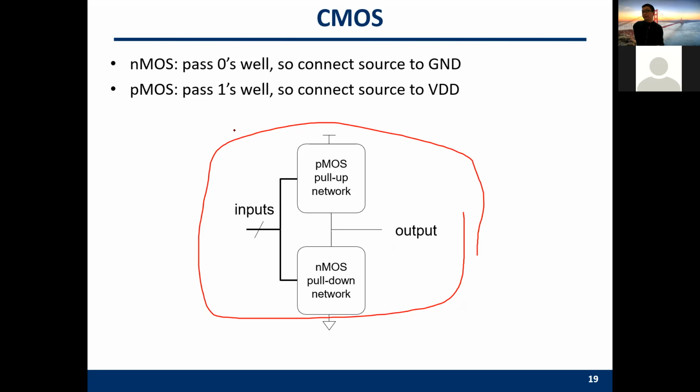So we typically set the NMOS in the pull-down network, and the PMOS are in the pull-up network. The pull-up network is connected to VDD. VDD means 1. This is why the PMOS can pass a better 1.